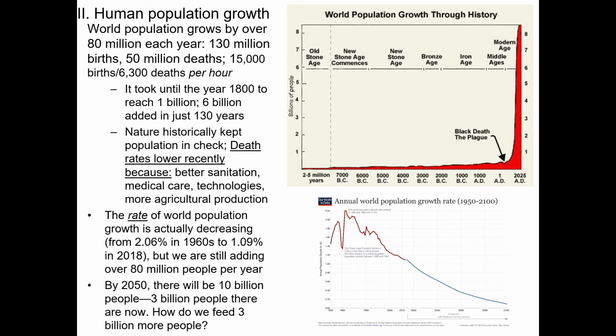So even in the United States, the rate of growth is dropping. Even though we're adding 80 million people a year, our rate of growth is dropping because overall families are getting smaller. But even with the rate of growth dropping, by 2050 there's going to be 10 billion people, almost 3 billion more people than there are now.